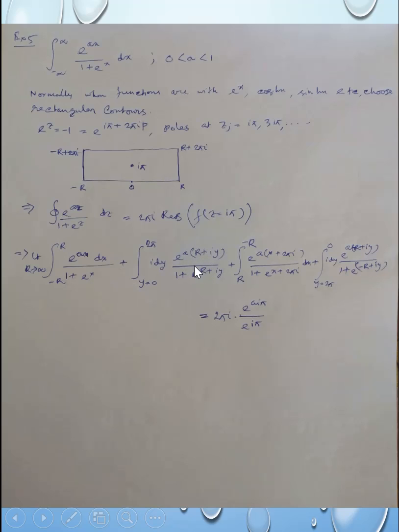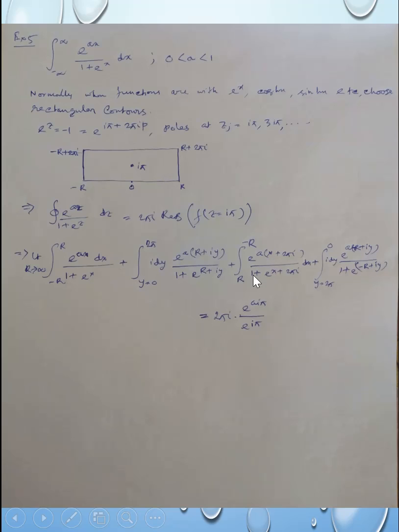Here I've written this one, and for that part it is just shifted from here to here by 2 pi i, so 2 pi i is constant and x is varying.